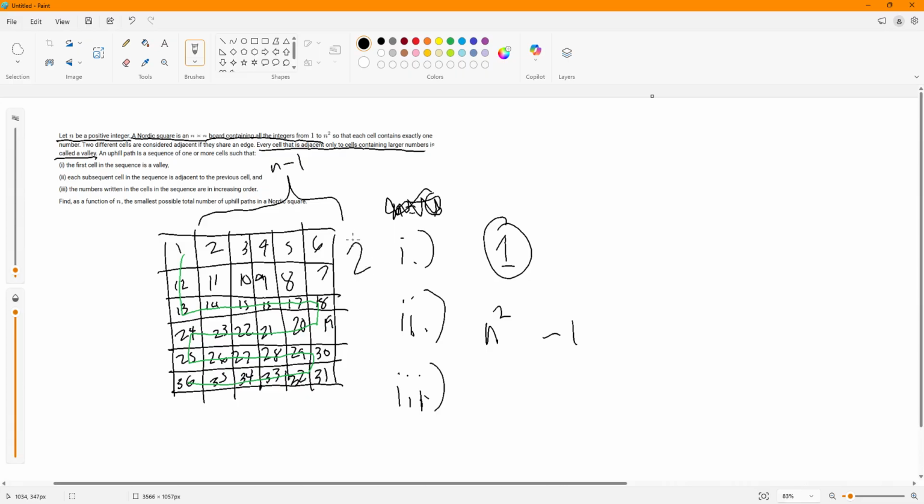Then there's gonna be n squared minus 2n minus 2 ways, minus 1 again because of overcount.